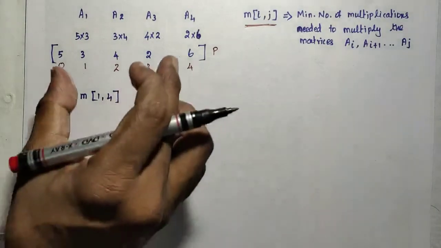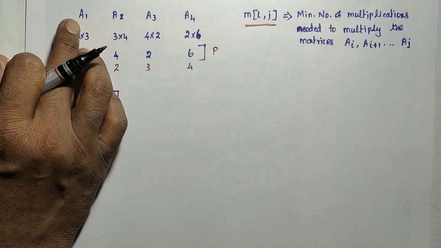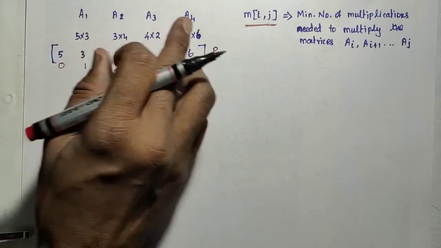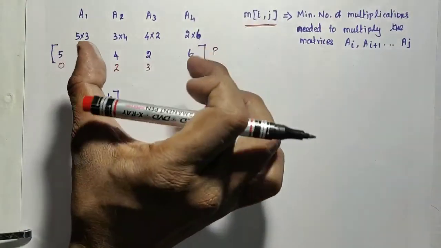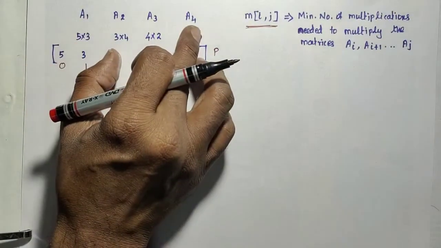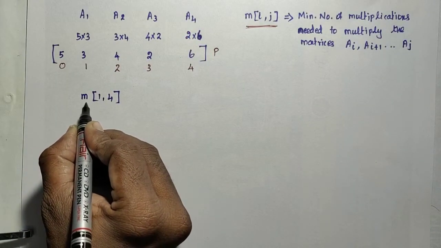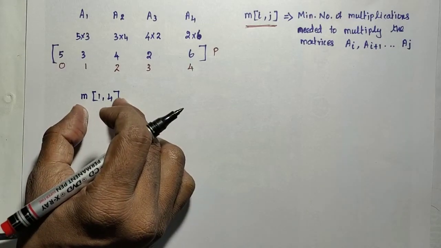So what will be our result? I want to obtain the result of multiplying the matrices from A1 to A4, where n is the size of the input. So finally I want to find m of 1 comma 4.